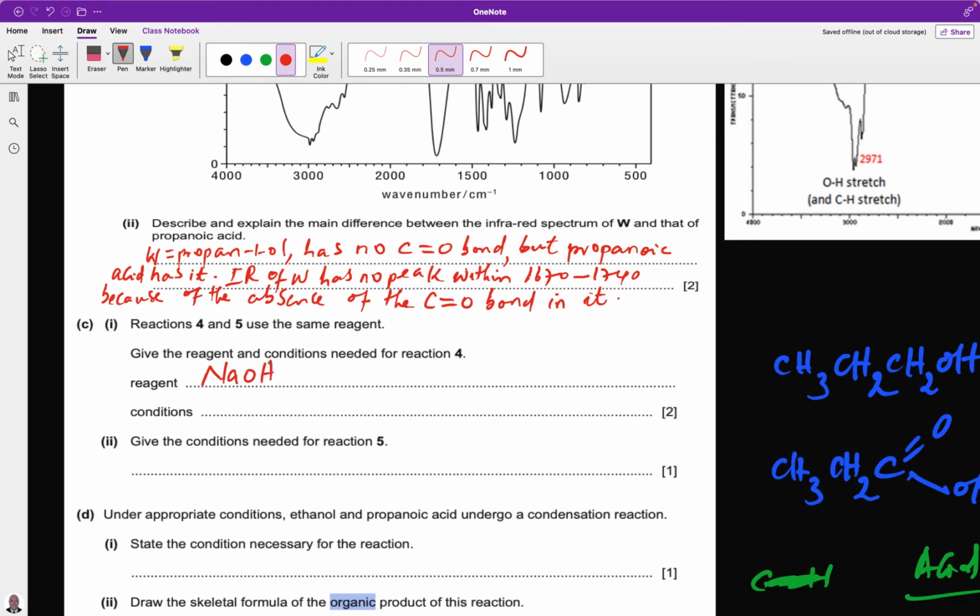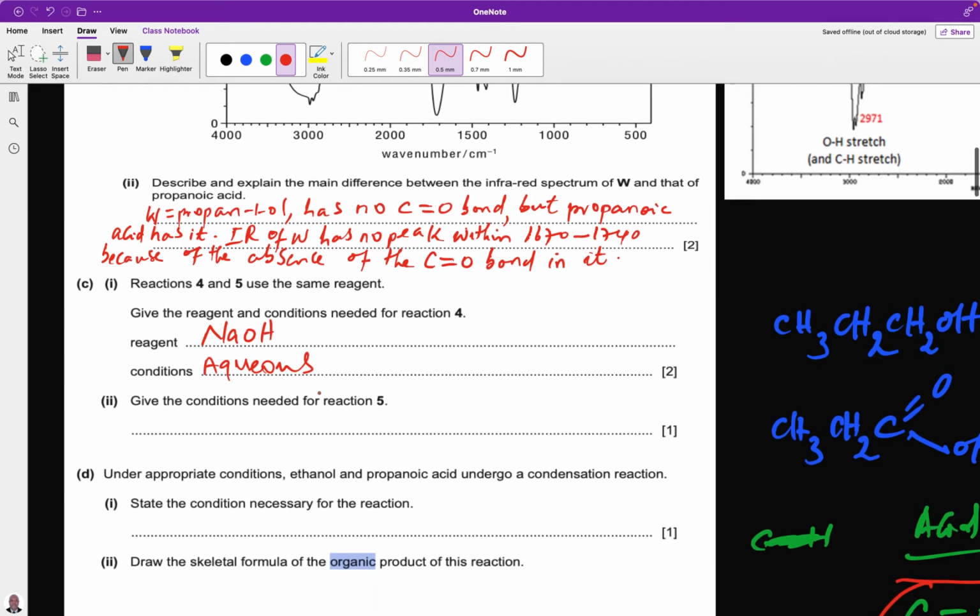And the condition? Is it aqueous, is it concentrated? I said when bromoethane is heated under reflux with aqueous sodium hydroxide. So the condition is aqueous.